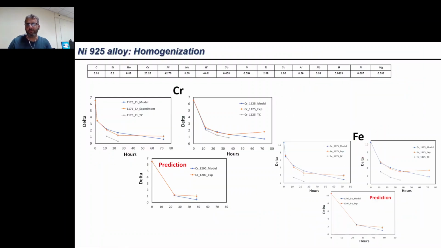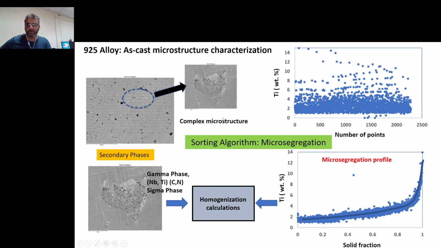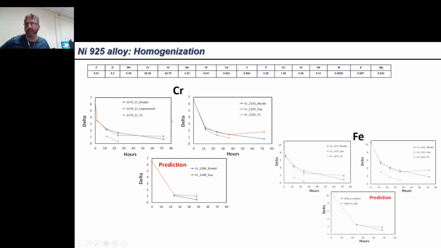Once we perform the calculations, we can compare them with the experimental data, because we repeat the same sorting algorithm after the homogenization stage as well. So what you see here is the comparison between the model and the experiment. Delta here refers to the difference between the maximum and minimum solute concentration after a given homogenization time.